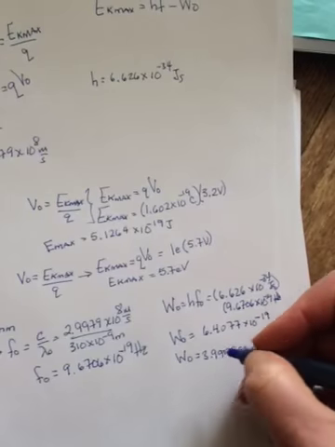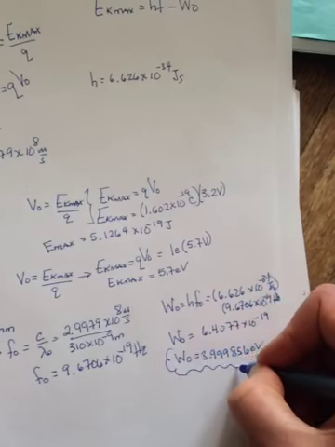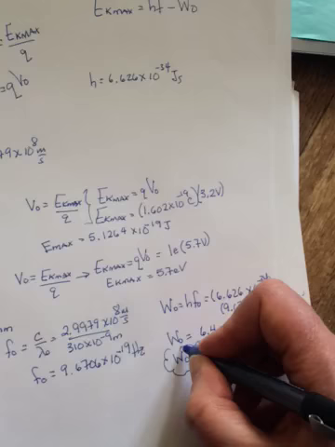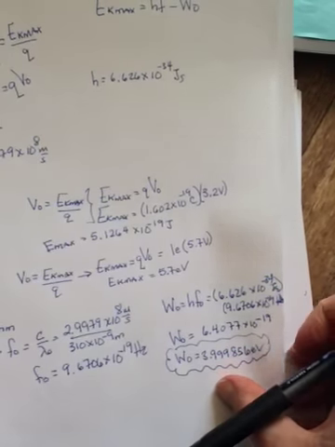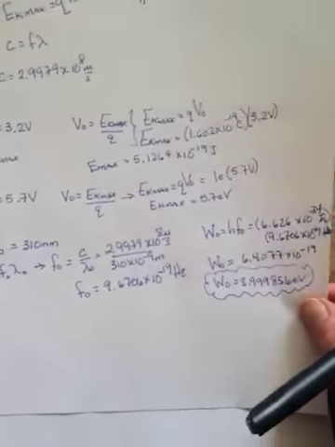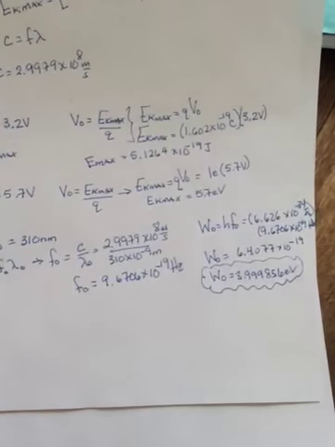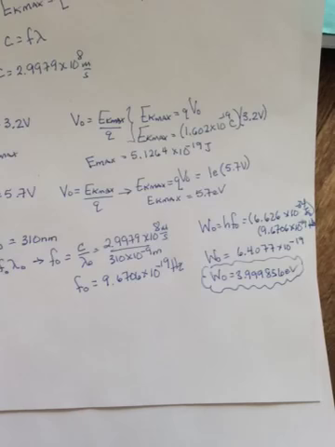And then when you multiply by 1.602 times 10 to the negative 19 joules per electron volt, you get 3.999399856 electron volts.